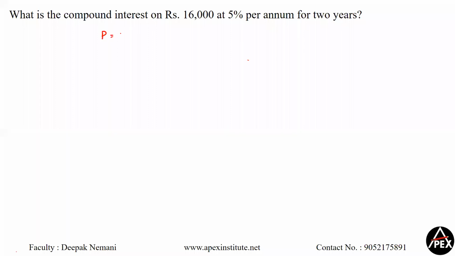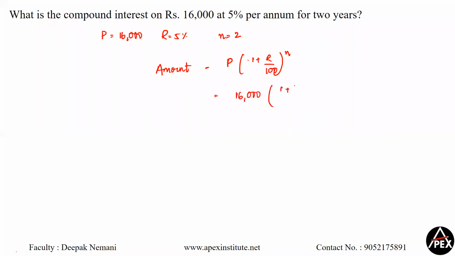So here principal is 16,000, rate of interest is 5%, and n is 2 years. So amount at the end of 2 years will be P into (1 plus R by 100) whole power n. So P is 16,000, 5 by 100 I will consider as 1 by 20, so 1 plus 1 by 20 to the power 2.